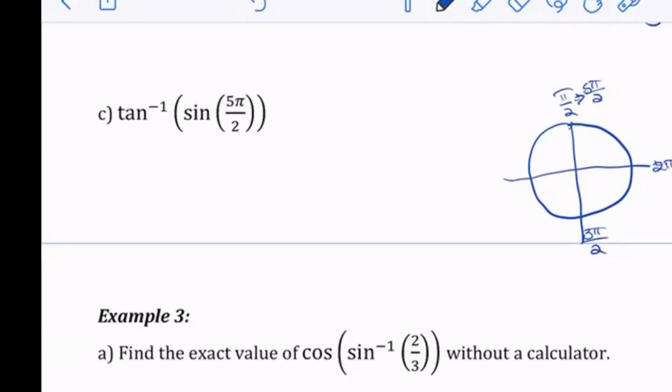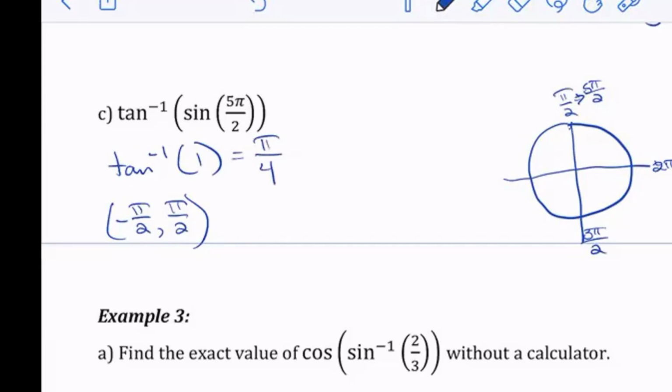So the sine value up there is 1. So that gives us the tangent inverse of 1. And remember, the tangent inverse is restricted between negative pi over 2 and pi over 2, not included. So the only time the x and y values are the same are at those 45-degree angles. So we would be at pi over 4. So again, it's kind of a little puzzle.